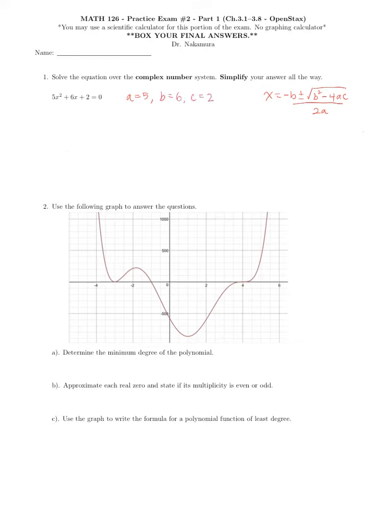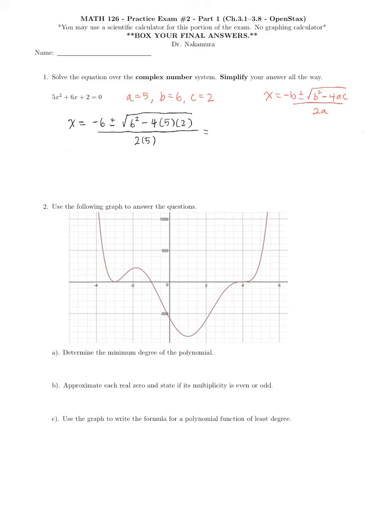So then what do we get? x equals negative b, so in this case negative 6 plus or minus the square root of b squared, so 6 squared minus 4 times a times c, whole thing divided by 2 times a. Now let's keep simplifying.